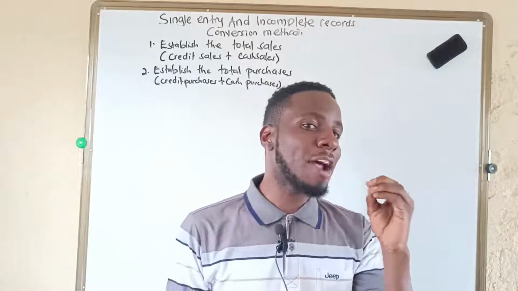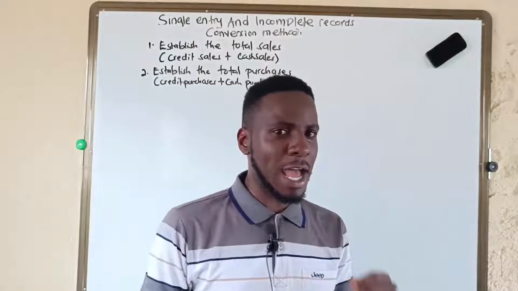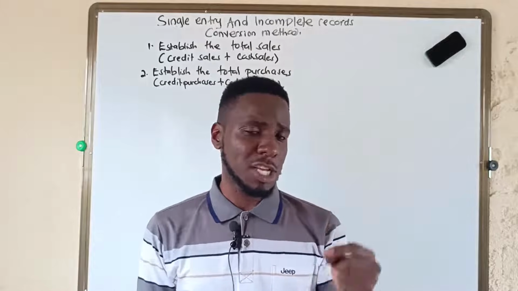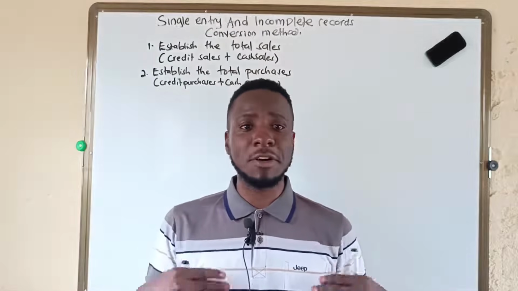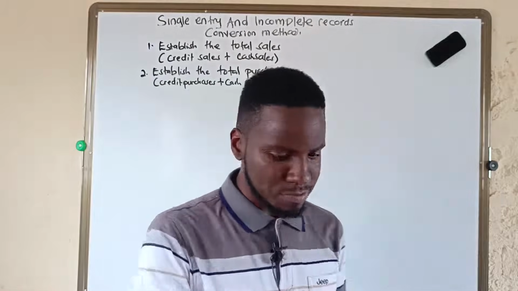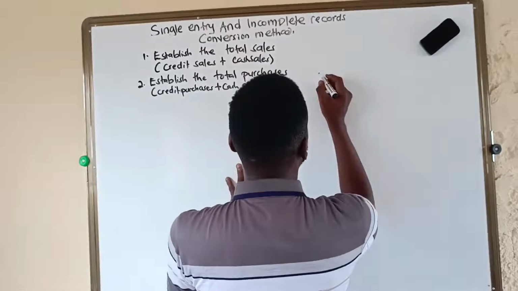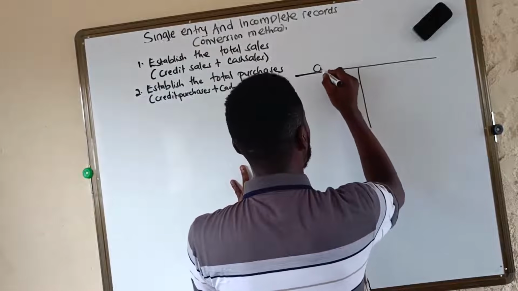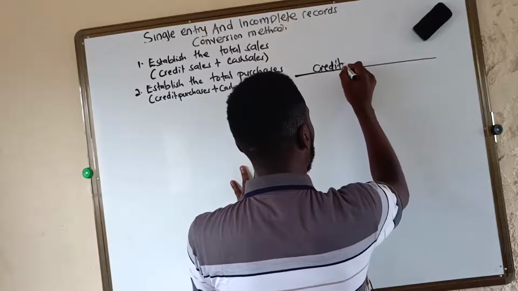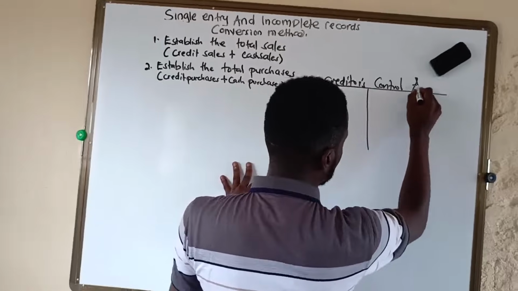Now, what we are required to establish is the credit purchases. How do we establish the credit purchases? Still, we are going to draw up what they call a creditors control account. So we come here and say our creditors control account.